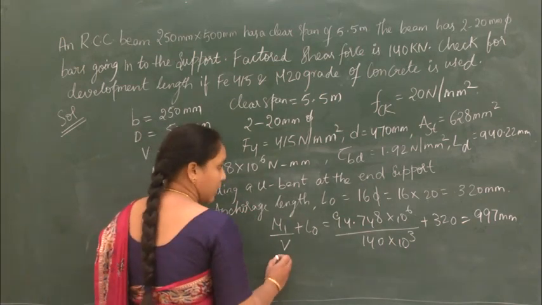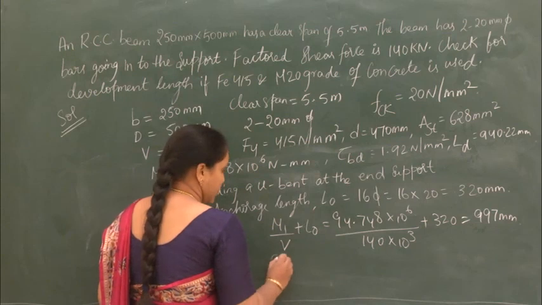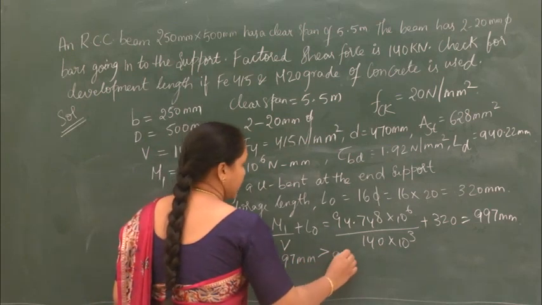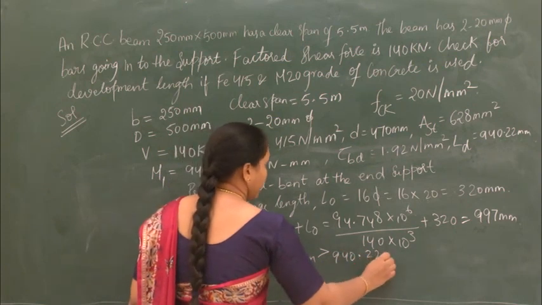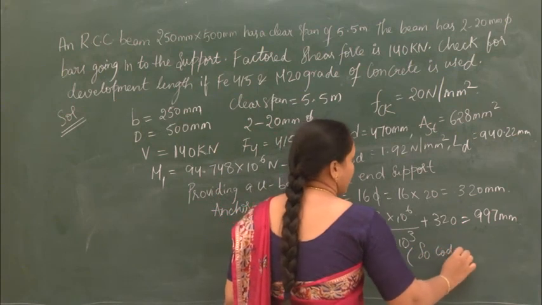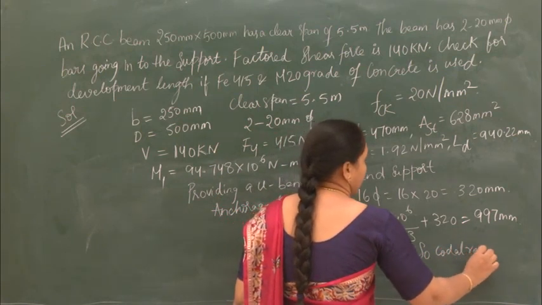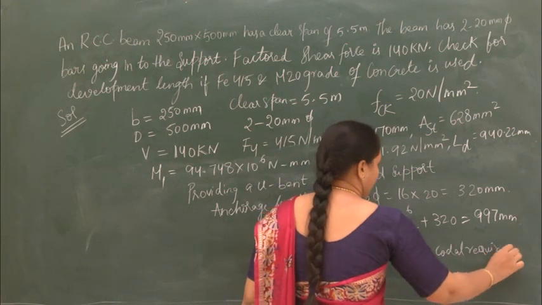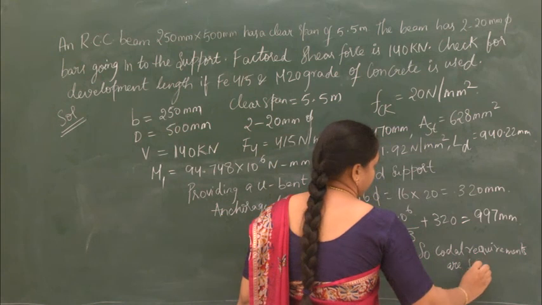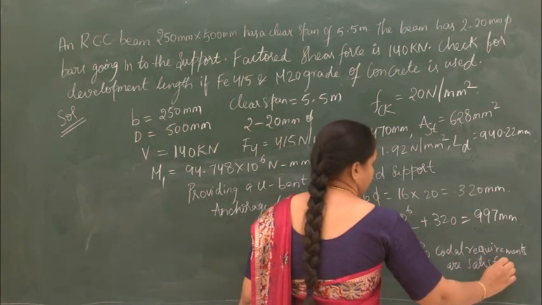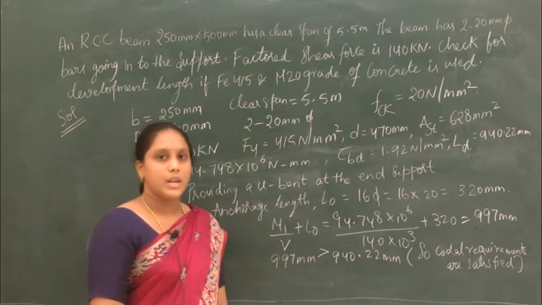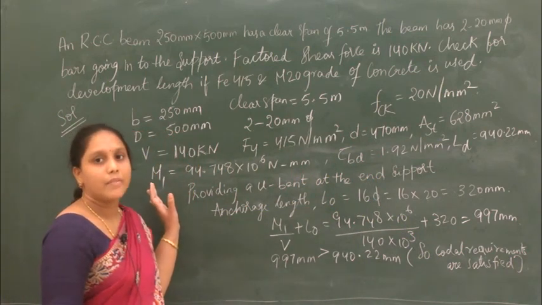Because here 997 mm is greater than 940.2 mm. So the codal requirements are satisfied. So this is how we have to check for the development length.